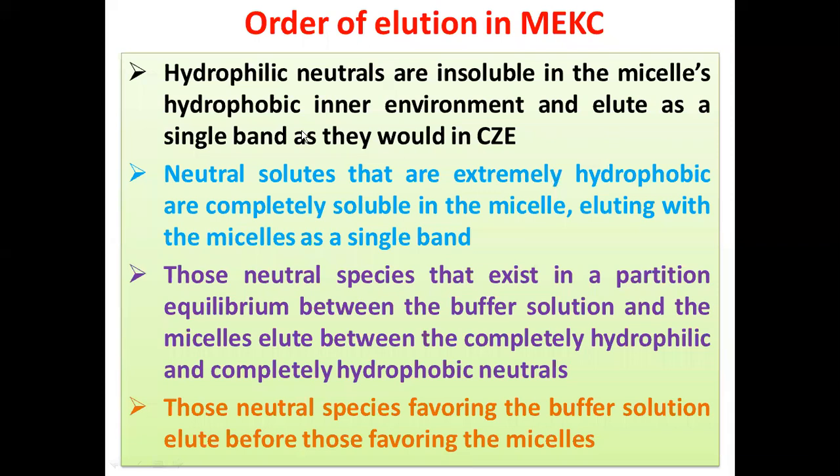So this is how the order is. Now you have the order of elution. Neutrals may be hydrophilic neutrals, hydrophobic neutrals, intermediately hydrophilic or hydrophobic neutrals, then the neutrals which favor the property of the buffer solution. So we can distinguish the order of the elution.